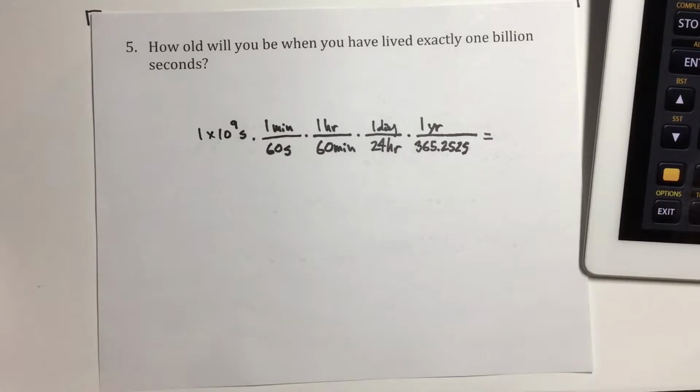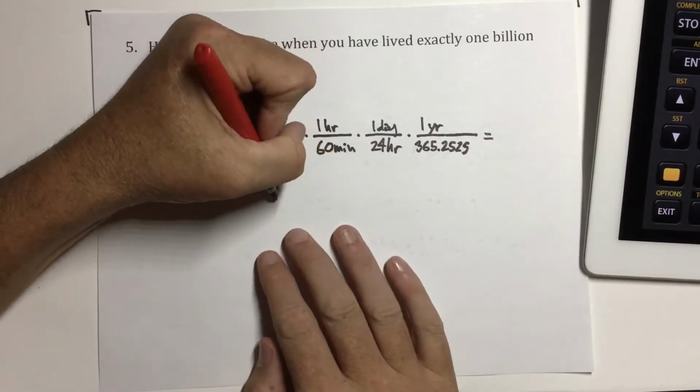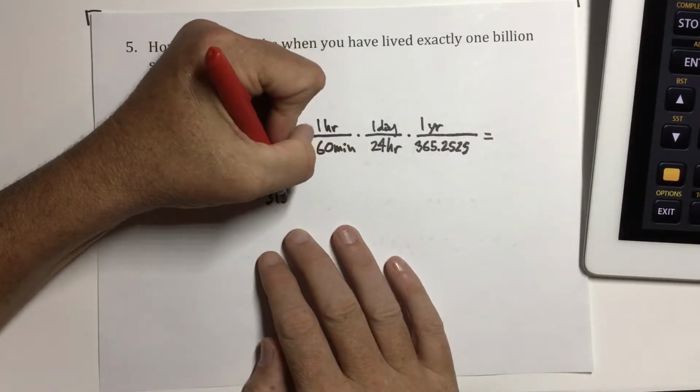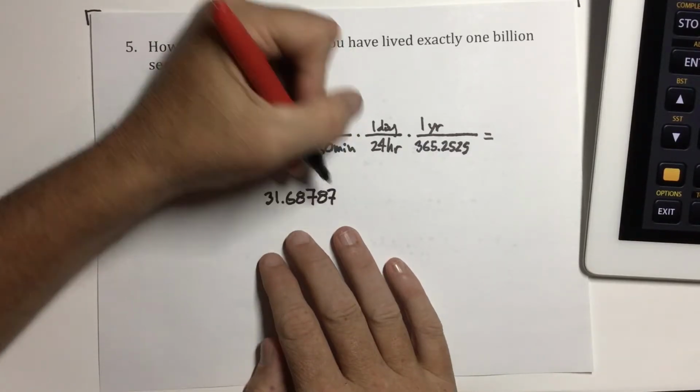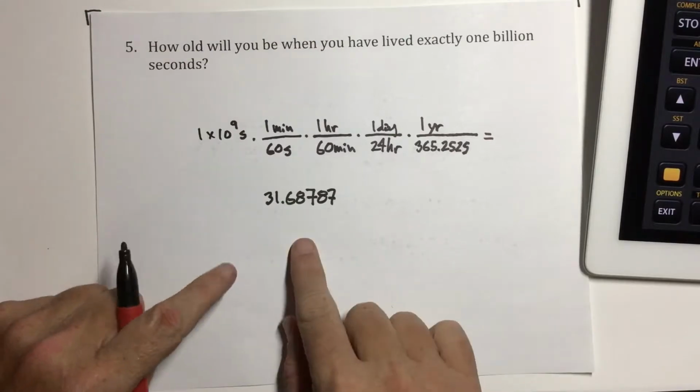You can't see that, but let me retype that in. 1 times 10 to the 9 divided by 60, divided by 60, divided by 24, and divided by 365.25. Okay, that comes out to 31.68787092224 and so on.